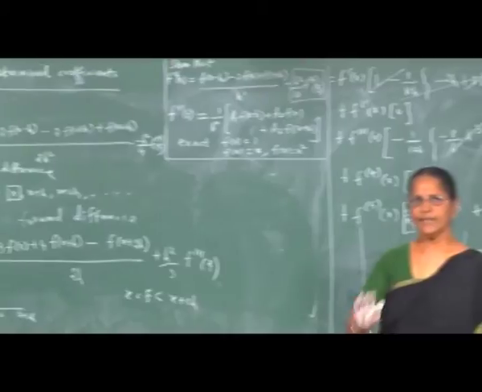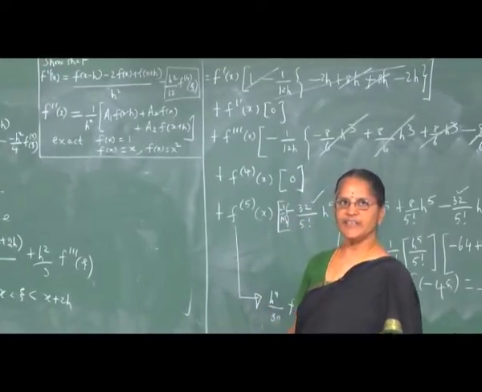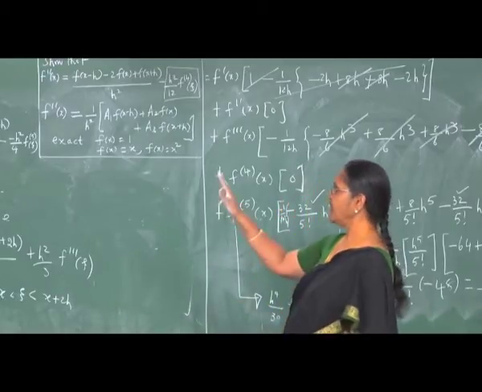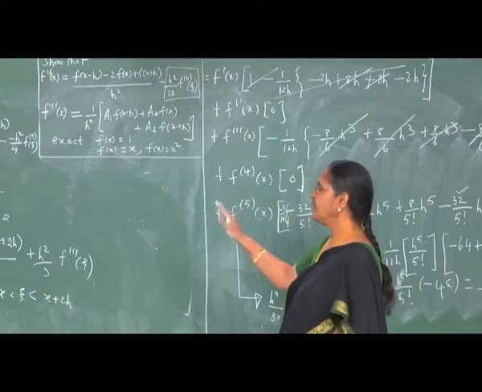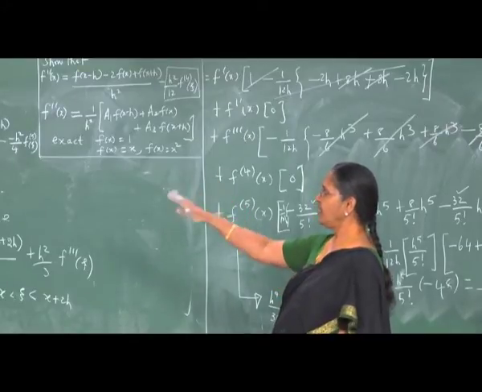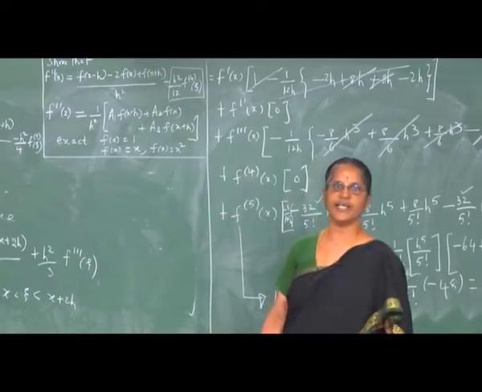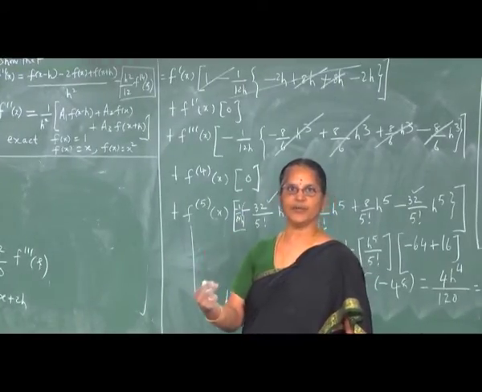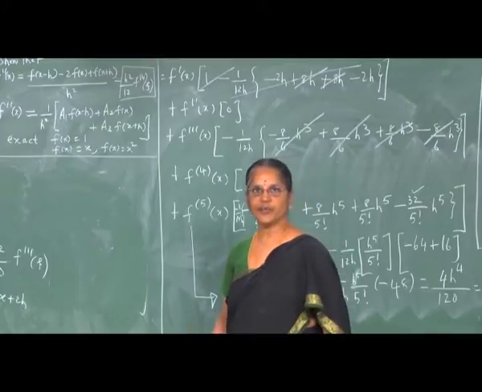So, the method of undetermined coefficients is very useful when you have the information about the function values at a set of points which are equally spaced, and the estimate for various order derivatives can be computed using forward difference, central difference or backward difference formulas.